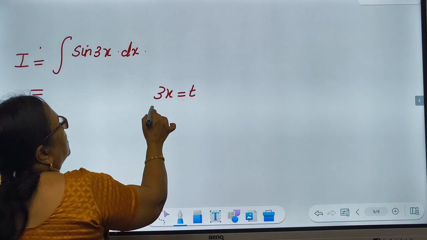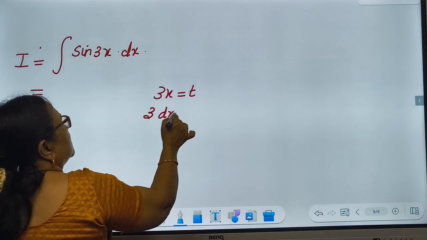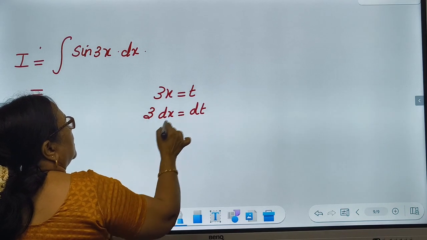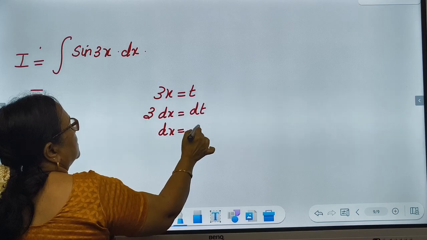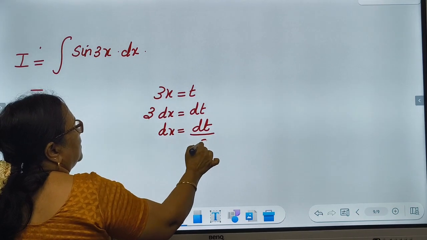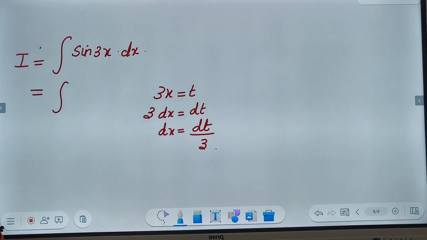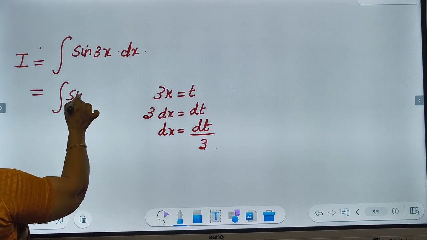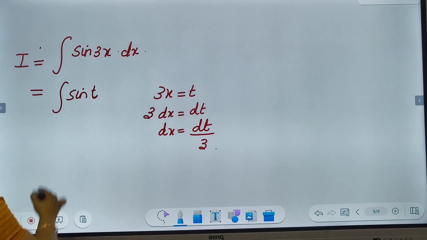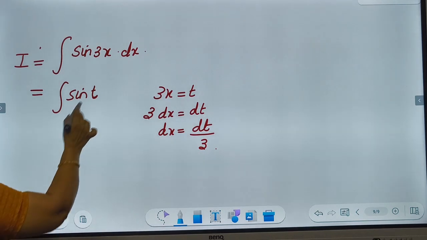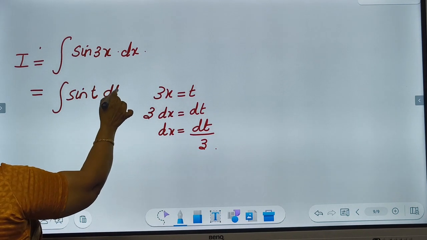Then 3 times dx will be dt, or dx equal to dt by 3. So I will be the integral of sine 3x, which is sine t, and dx is dt by 3.